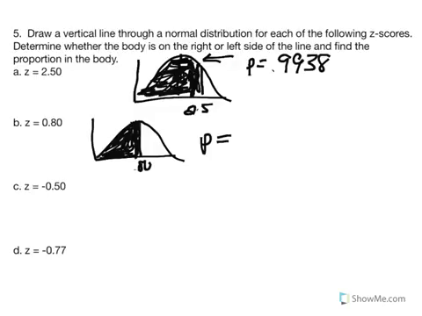Okay, so again, given what we found in our unit normal table, we found that the probability is 0.7881. Again, there's a 78.81% chance that we would select a score that's equivalent to a z-score of positive 0.8 or less than that.